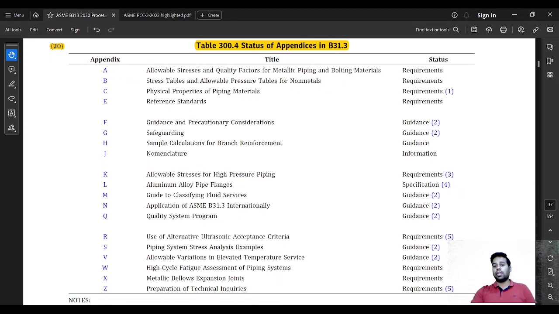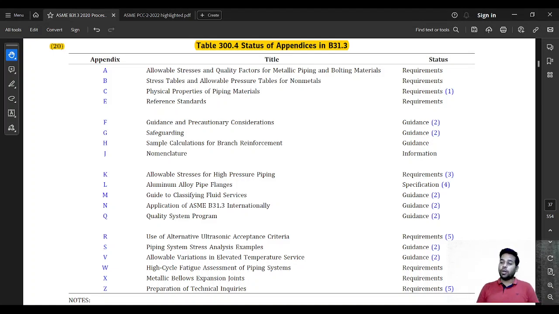In C, here you can see some things are written as requirements, some things are written as guidance, and some things are referred to as information. So requirements are basically going to be the minimum requirement. That is, whatever is written in the requirement has to be followed very strictly. Guidance is just a recommendation that is provided by this code.